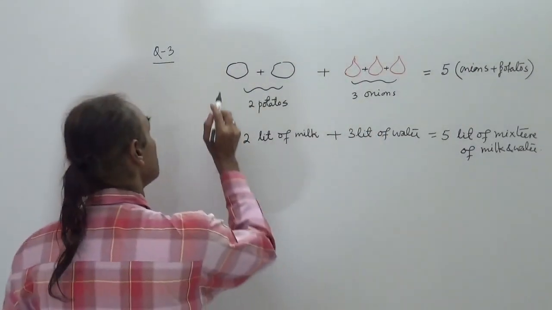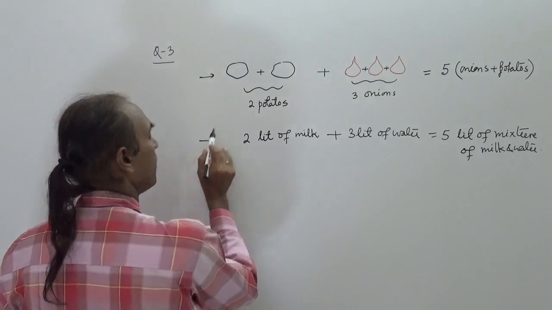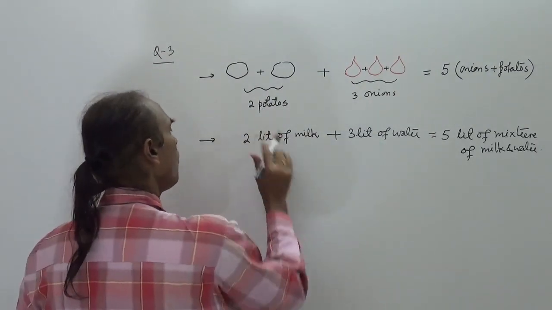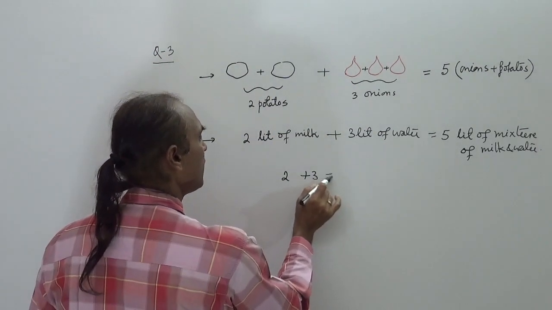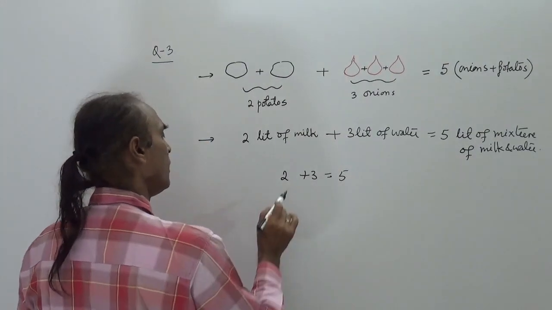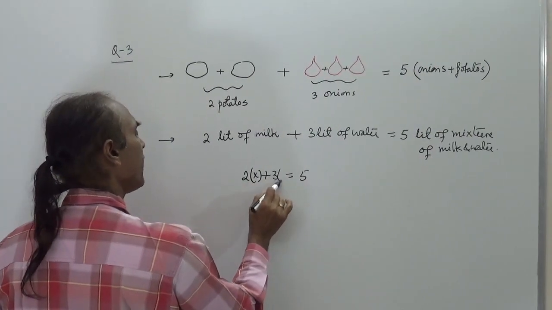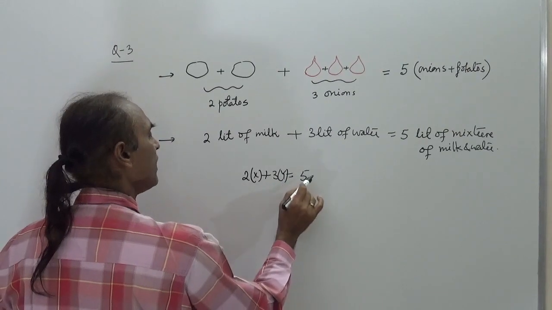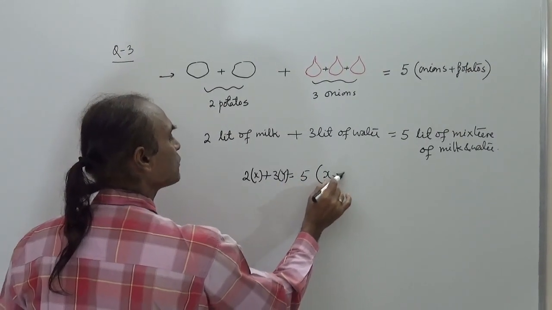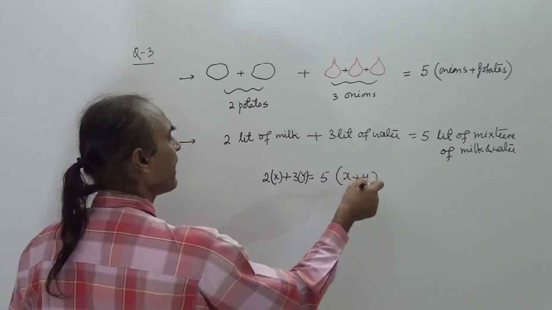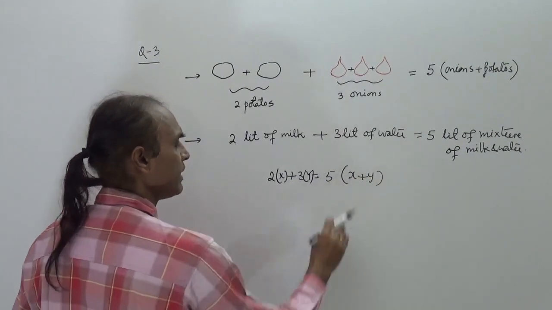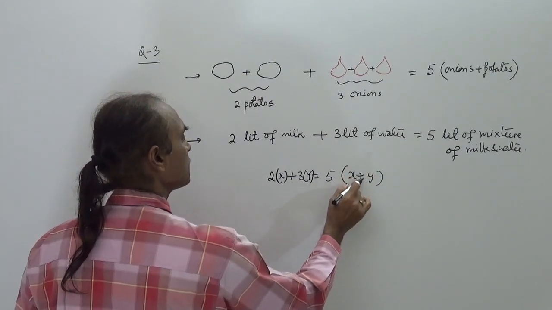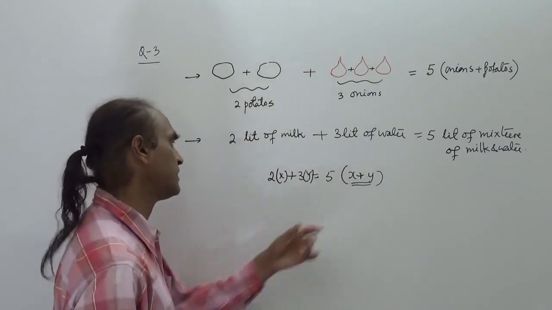In day-to-day life we experience these 2 examples. So 2 plus 3 is equal to 5. 2 of x plus 3 of y is equal to 5 of x plus y, where 5 of x plus y means the mixture of x and y. I wrote x plus y in that sense.